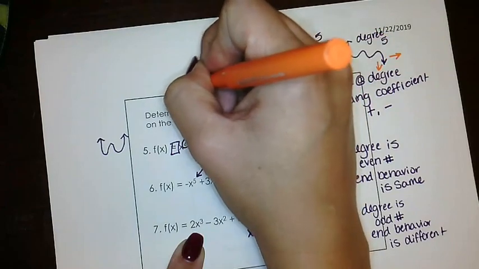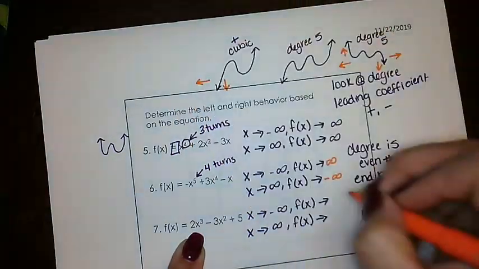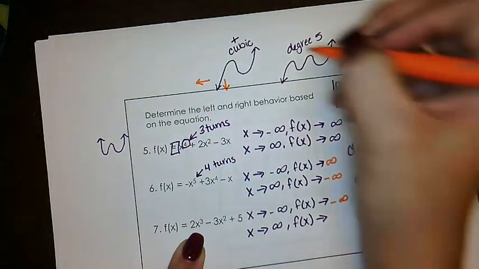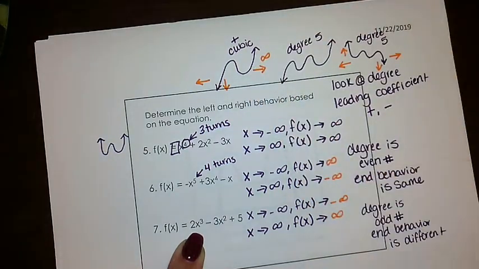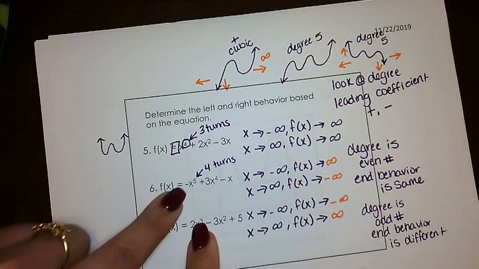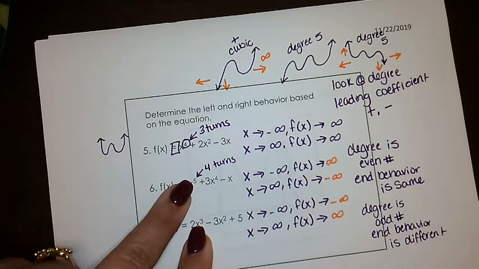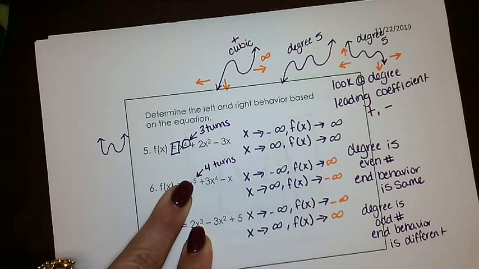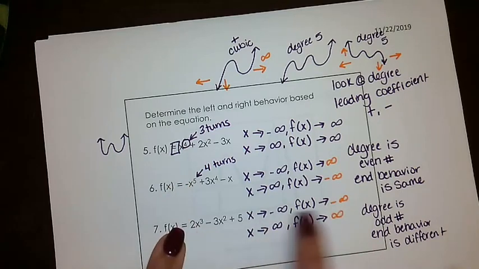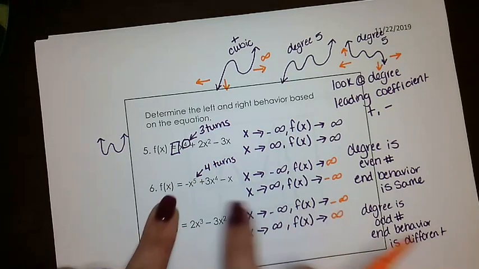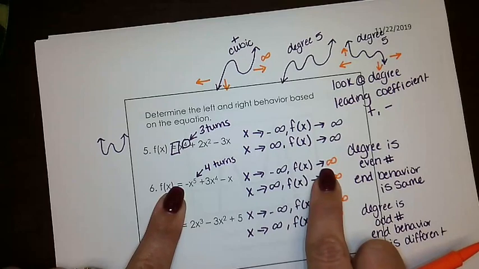So as I go towards negative infinity, it's going towards negative infinity. And then as I go this way, it's going towards positive infinity. So both of these have an odd number for their degree, so they're going to have different end behaviors. If it's positive, it's going to start out negative. If it's a negative function, it's going to start out positive.